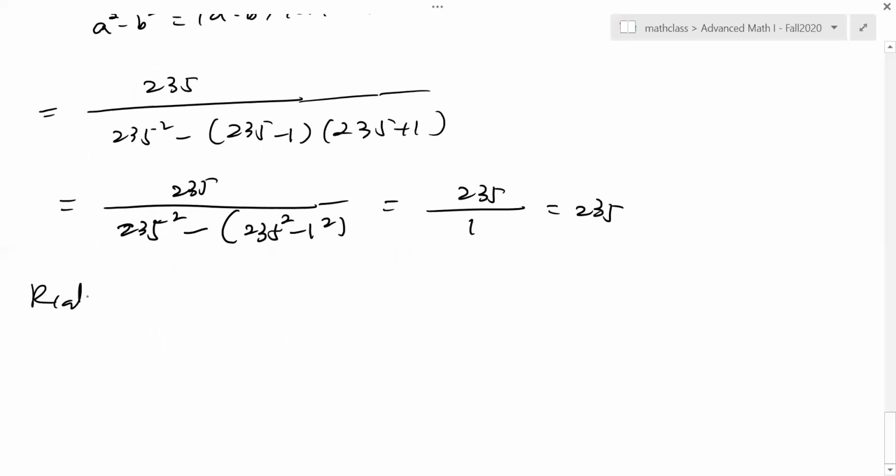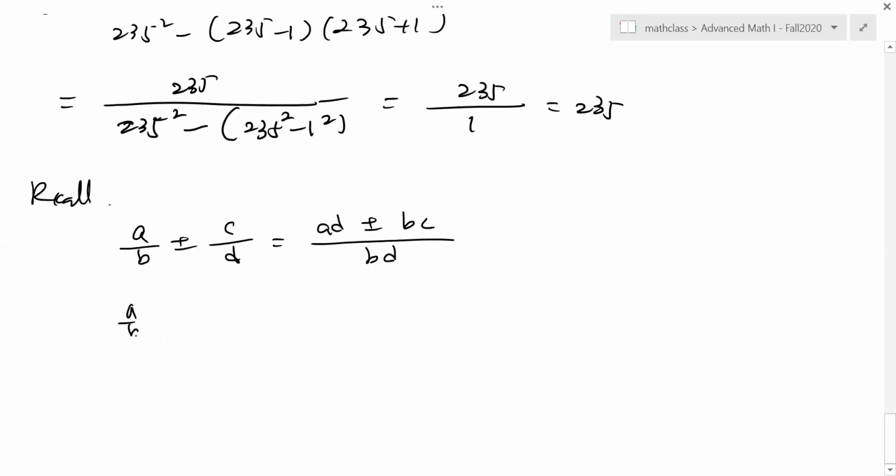Recall some formulas for fractions, right? If you add two fractions together, you get common denominator BD, and then AD plus minus BC. Now, if you multiply this out, you just do numerator times numerator, denominator times denominator.